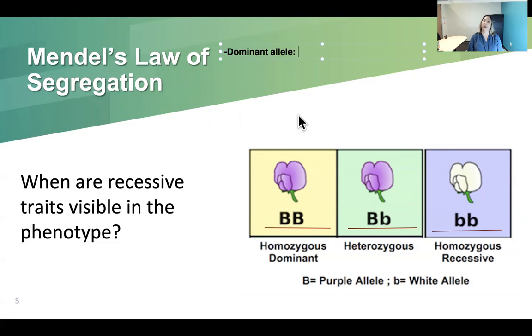So this is how I'm going to define it. The dominant allele masks or hides the physical trait of the recessive allele.